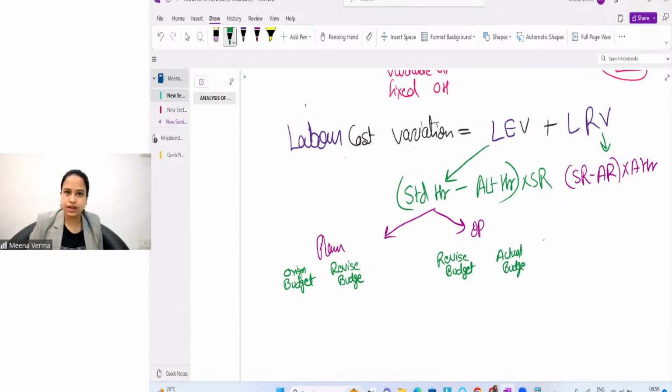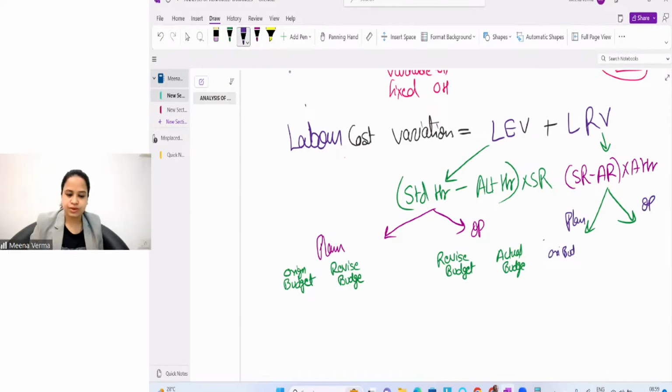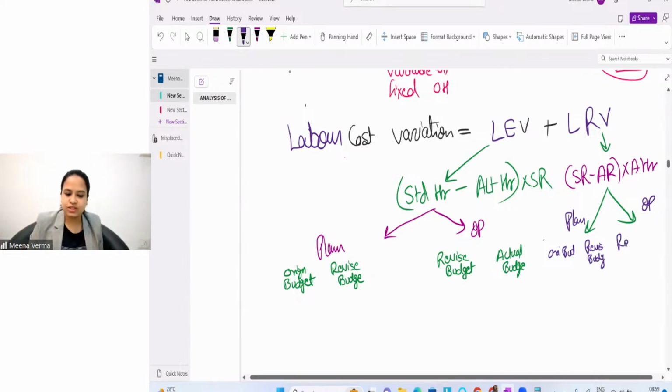You know this, right? Similarly, here also, you will find it in more detail by considering the planning and operational variation. In planning, what will you consider? Original budget and revised budget. And in operation, you will study revised budget and actual budget.